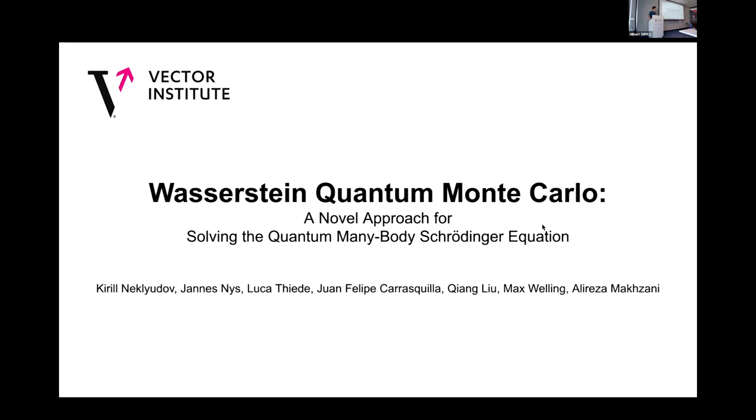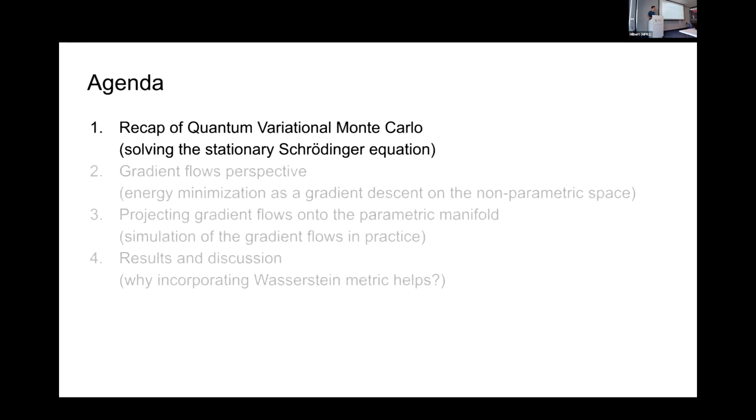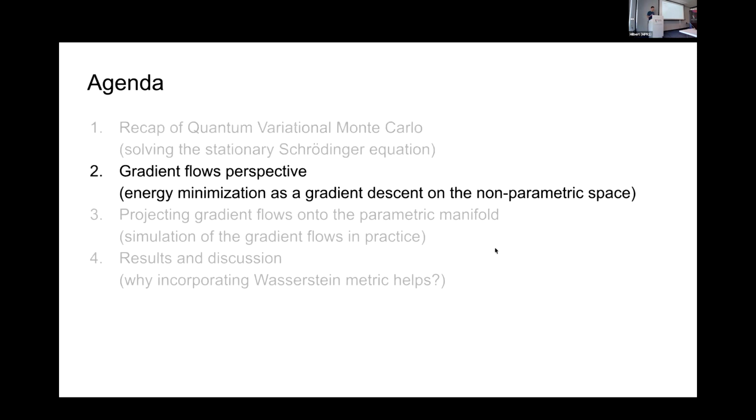First, I want to quickly recap quantum variational Monte Carlo, even though you all know this approach, just to be on the same page. Then I want to go one abstraction higher and consider minimization of energy on non-parametric manifolds of all the possible distributions as just a gradient descent.